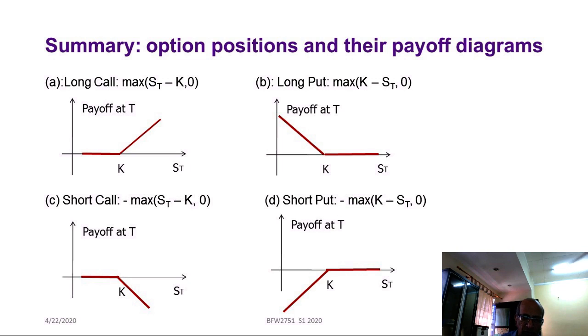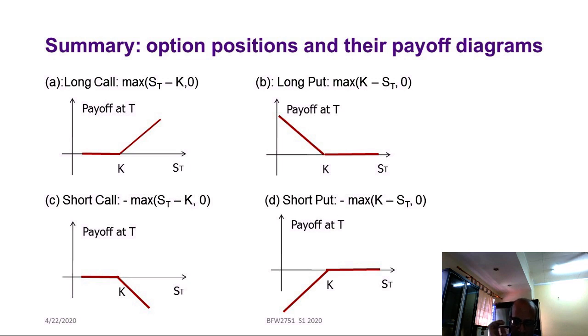Similarly, the short put works in the same way. The long put and the short put diagrams are just a mirror image of each other. As long as the ST is above K, for a short put writer, he doesn't lose anything. He makes the premium. The minute the price falls below K, then he has to worry about paying you.